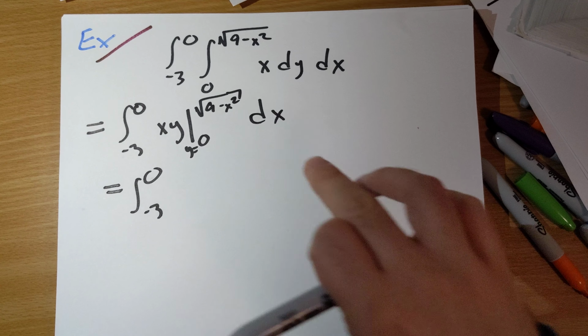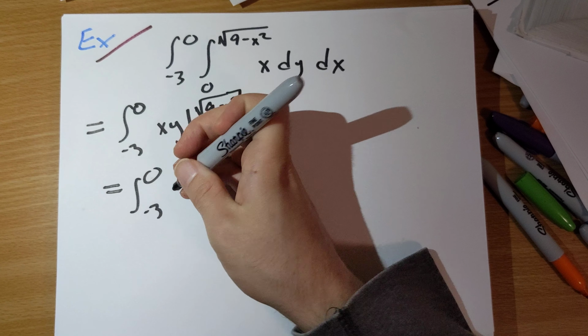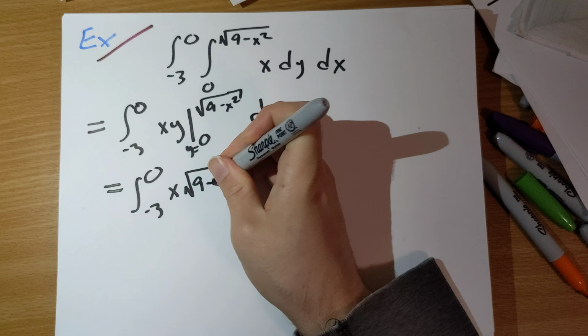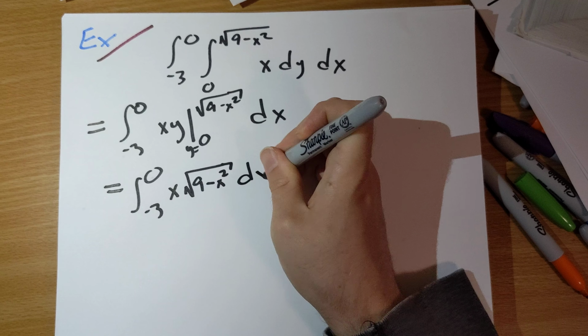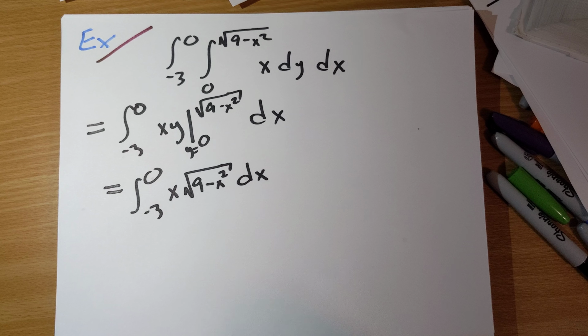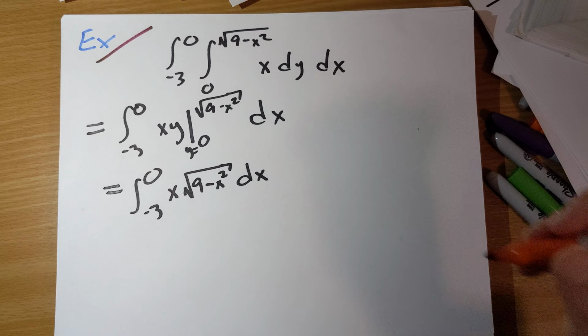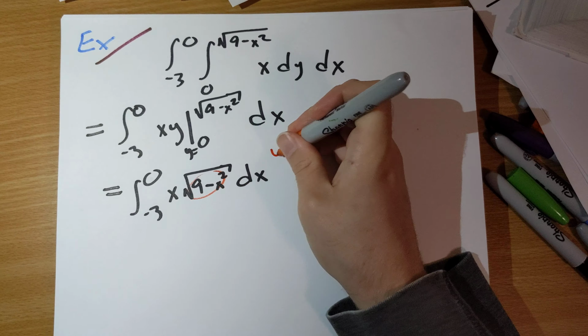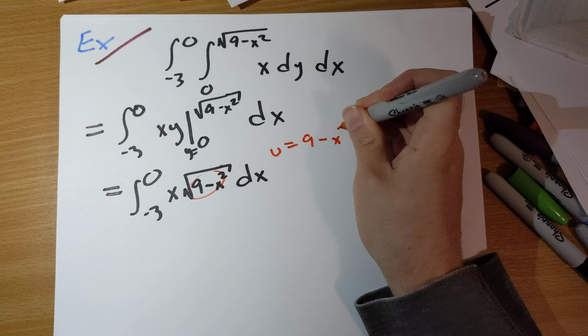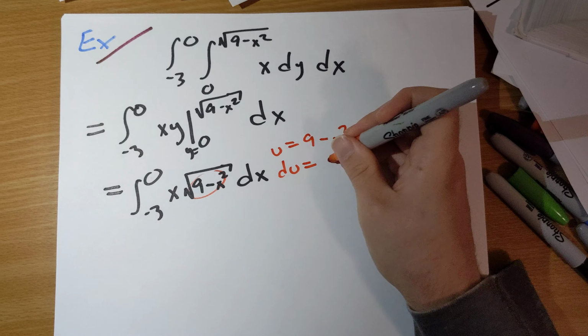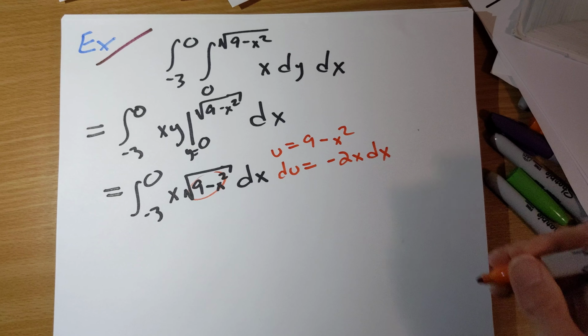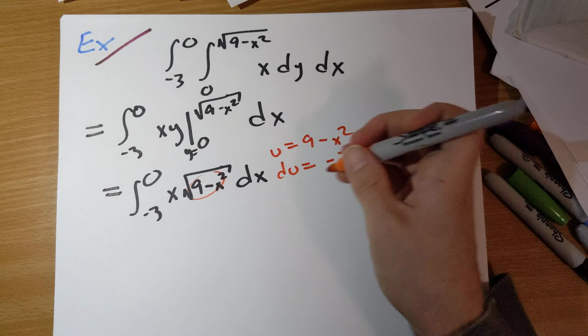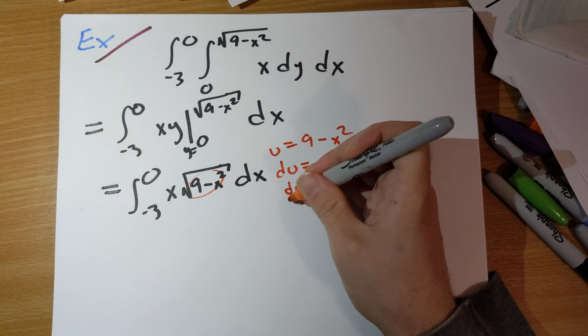And let's see here. So we end up with x times the square root of 9 minus x squared dx. And at this point now, it looks like we're going to want to use substitution. So substitute in, u is 9 minus x squared, du is negative 2x dx. So negative 1/2 du is x dx.